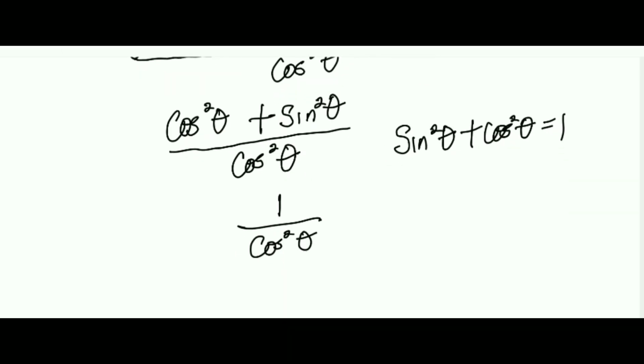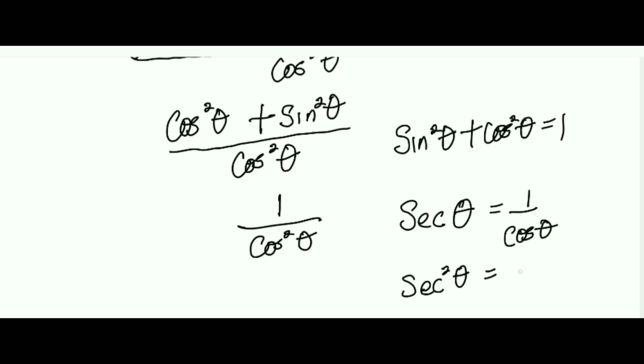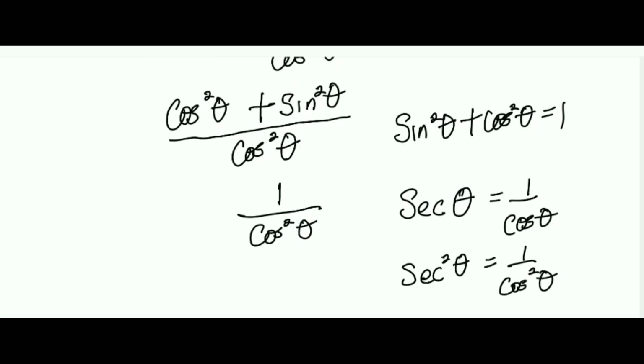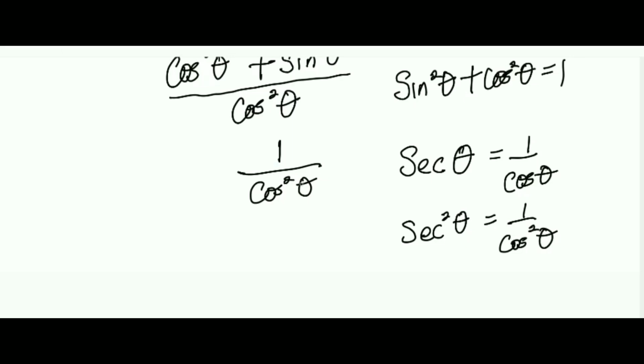Now this 1 over cos squared theta represents another thing. Look at this. Sec theta is equal to 1 over cos theta. And so sec squared theta will be the same as 1 over cos squared theta. So my 1 over cos squared theta here is sec squared theta.